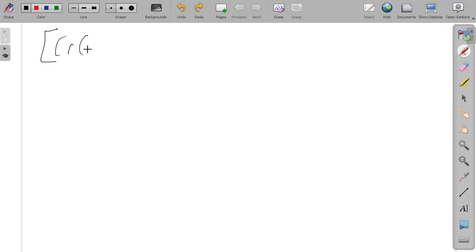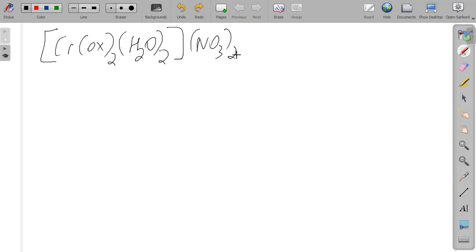Chromium, ox2. Yes, and water can be a ligand just as well, and it's quite common that it is. And NO3 too. All right. Coordination number.